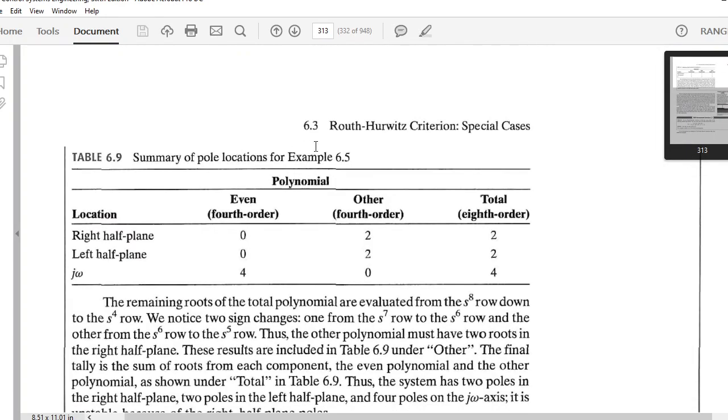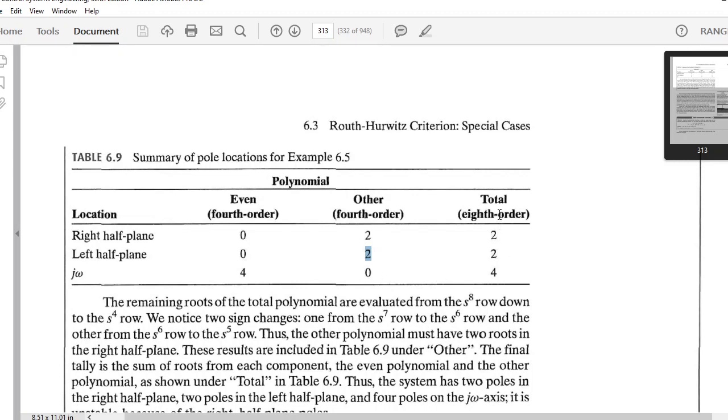So have a look here. They will see that in the other case, that is starting from s raised to 8 to s raised to 4, you'll see that there are two right hand planes. So if there are two right hand planes, then by symmetry there should be two left hand planes, which would mean that there is nothing on the j omega axis.